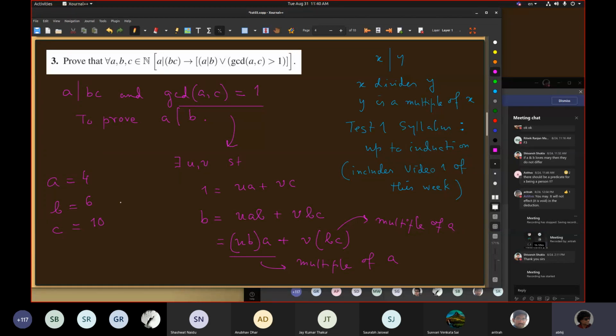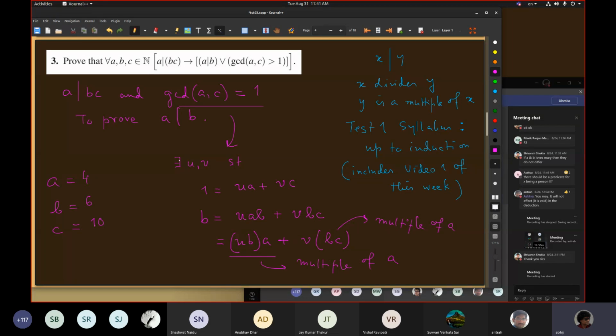Okay, sir. So can we say that if A has prime factorization with K primes P1, P2, until Pk, and since GCD of A and C is 1, that would mean none of those prime factors divide C? That way also you can argue, using prime factorizations of A, B, and C. Yes, that's another proof.